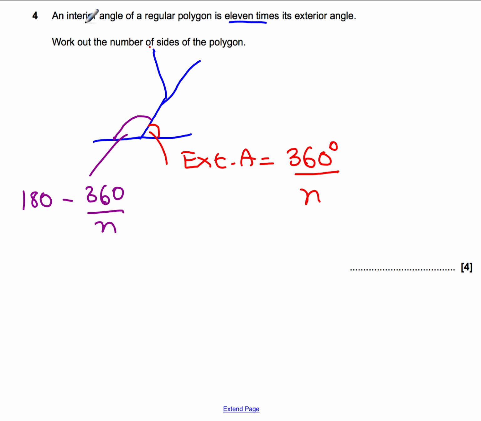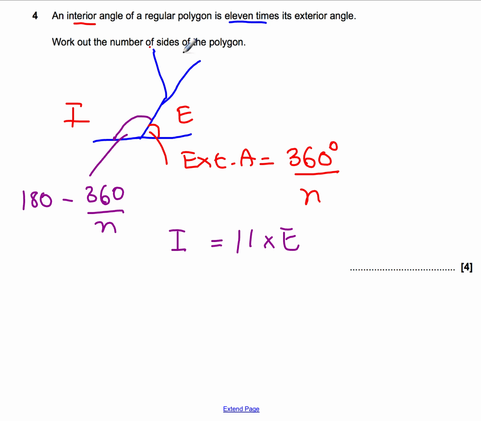It says an interior angle, let's call this one I and this one E, is 11 times the exterior angle. So if I took 11 and multiplied it by E, I should get I.